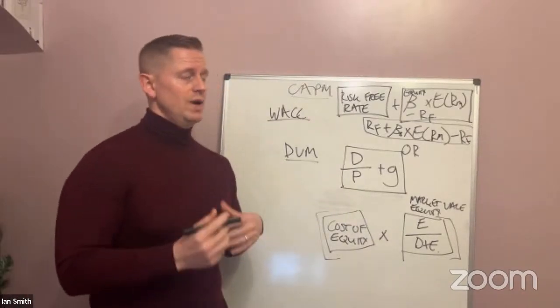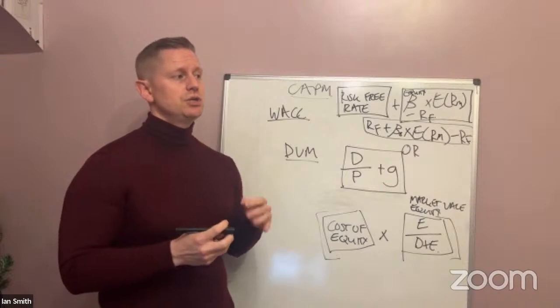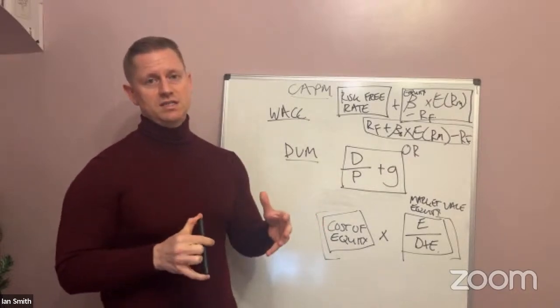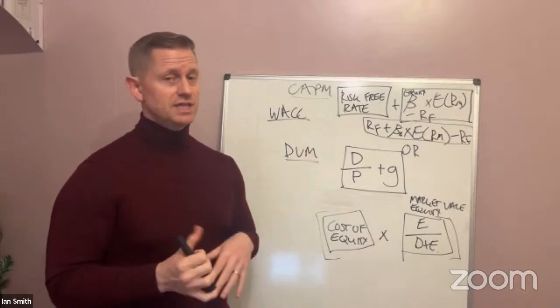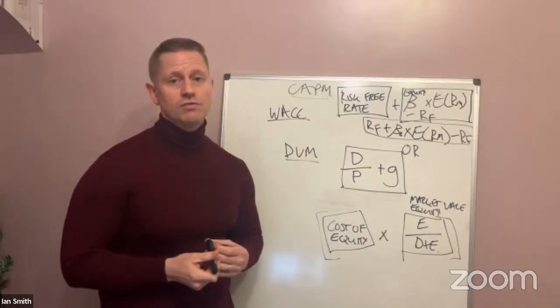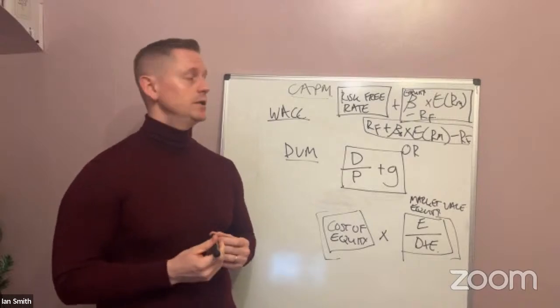The weighted average cost of capital is used as a discount factor then to discount forecasted future cash flows to get a net present value.